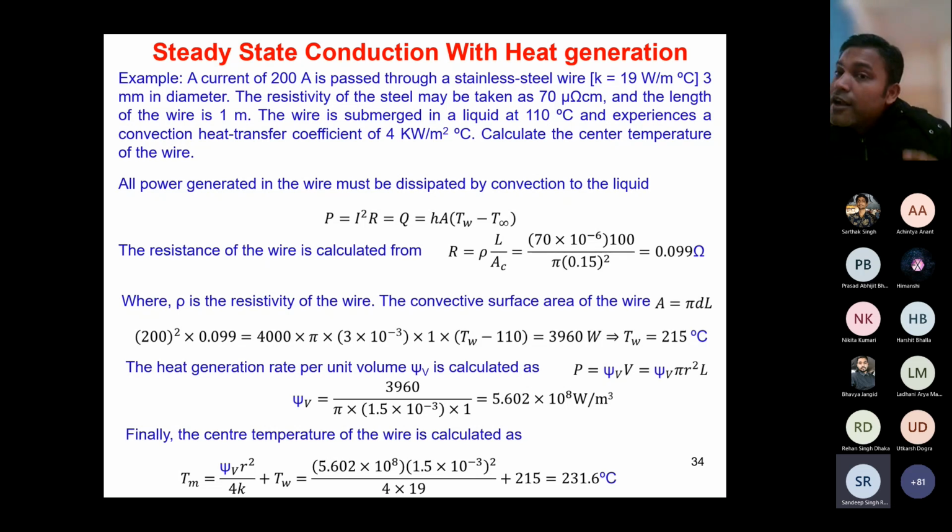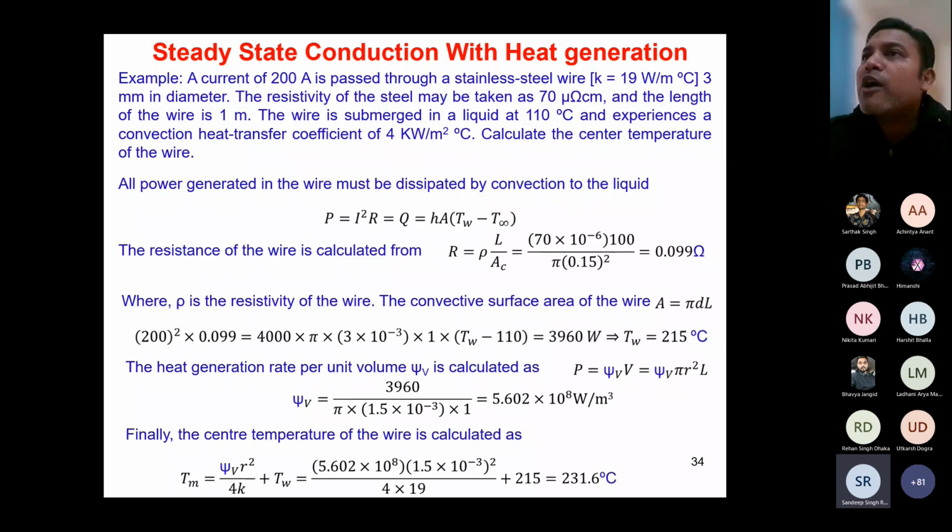It's not the temperature of the surface of the wire. Both are different. So there will be a convective heat transfer taking place between the wire and the liquid. And that convective heat transfer coefficient is given as 4 kilowatt per meter square degree Celsius.